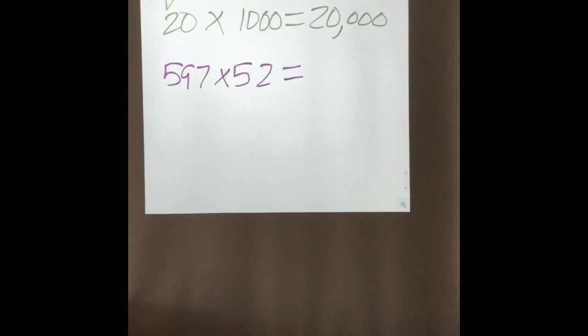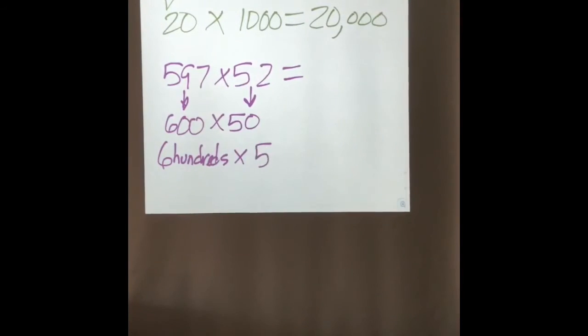All right, so if we were going to round these, we would round them to what? 600. 600, nice job. And this one would be 50. Or if we were going to write that, we could say 600 and 5 tens.